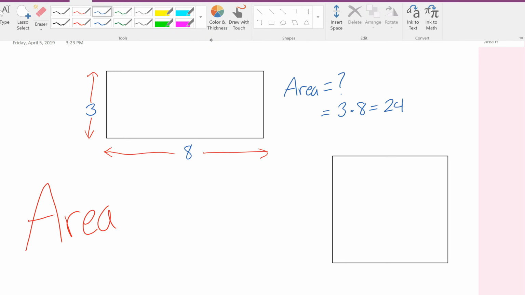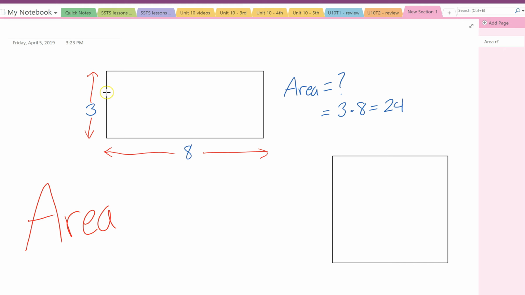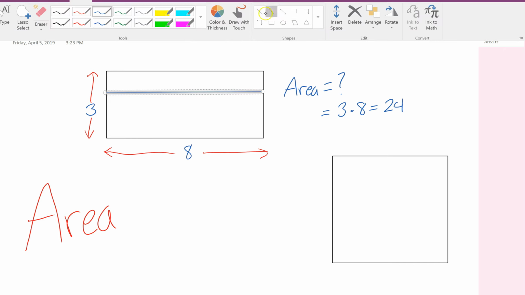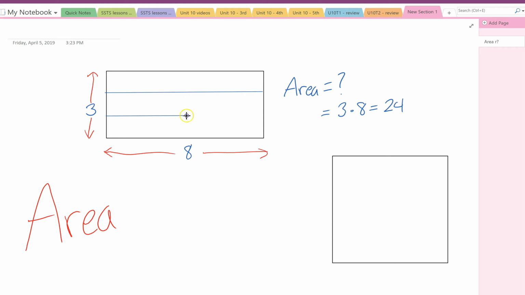If I know that the height is 3, then what I'm saying is there are 3 pieces that are all the same size going that way, right? Each one of these is 1 unit tall. If there's an 8 down here, what it means is that I can divide the same rectangle into 8 parts going left and right.